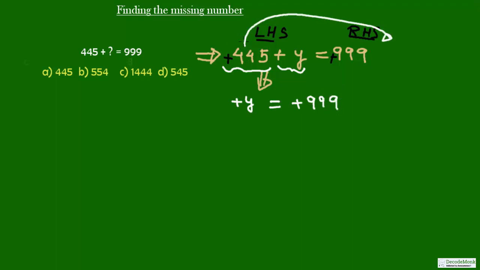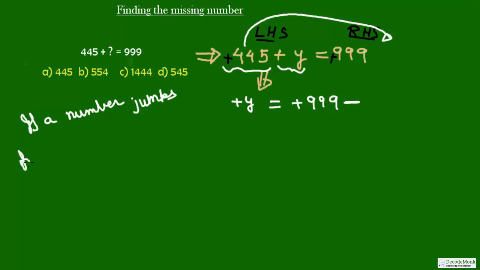So if this number plus 445 jumps to the other side, then this plus sign will become minus sign. So please remember this thing. If any number jumps from left hand side to right hand side, then the symbol changes. Please remember these things, it's very easy.